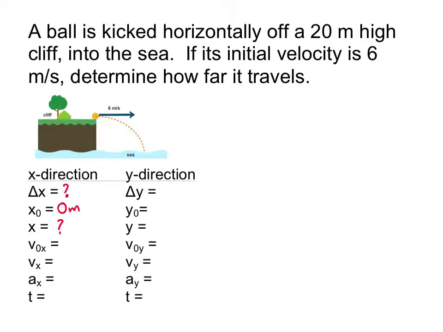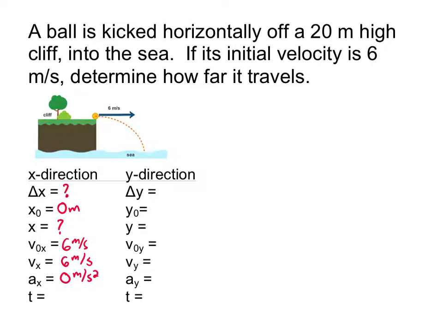Now, the problem also tells us that we have an initial horizontal velocity of 6 meters per second, so I'll list that there. And we know that the final horizontal velocity is going to be 6 meters per second as well, and that all has to do with the fact that there is no acceleration in the horizontal direction.